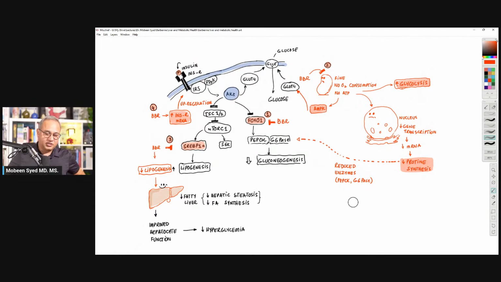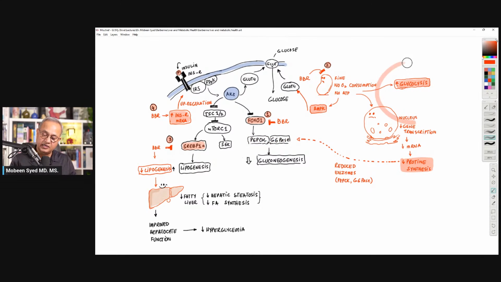So, bigger picture, just a quick summary. Insulin pathways drive gluconeogenesis and lipogenesis. Independent of those pathways, berberine actually works to reduce gluconeogenesis and lipogenesis, but it interferes with those pathways in a positive way. That is the basic effect.